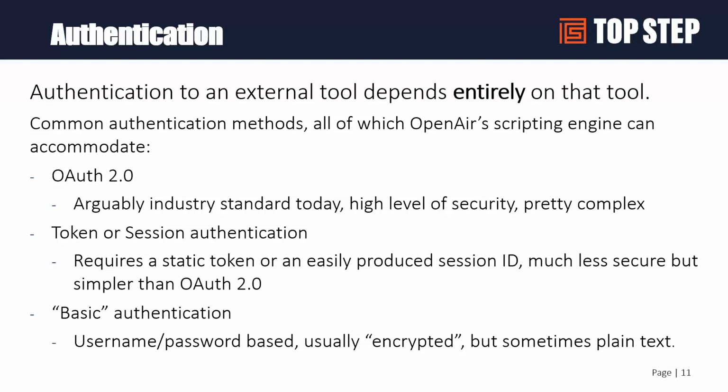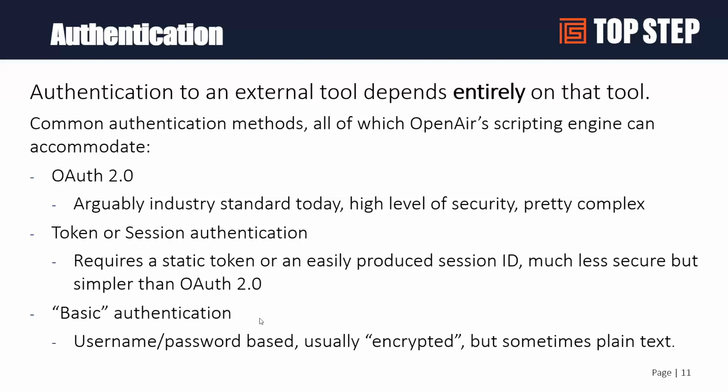That's how some tools work. And when I say encrypted here, and why that's in quotes, a lot of times this basic authentication is encrypted using base64 encoding, which any middle schooler could decode. So it's not secure by any reasonable stretch. But again, there are tools out there where this is their option for authentication, and that's what you have.